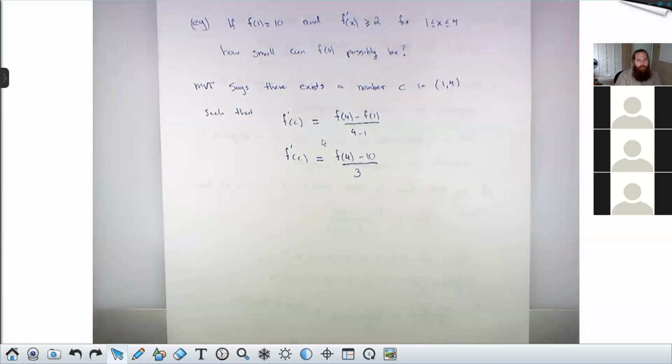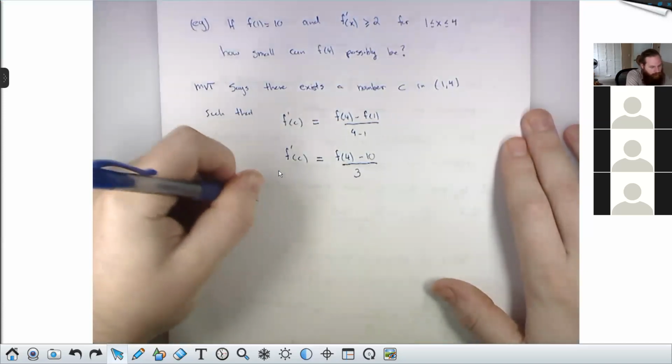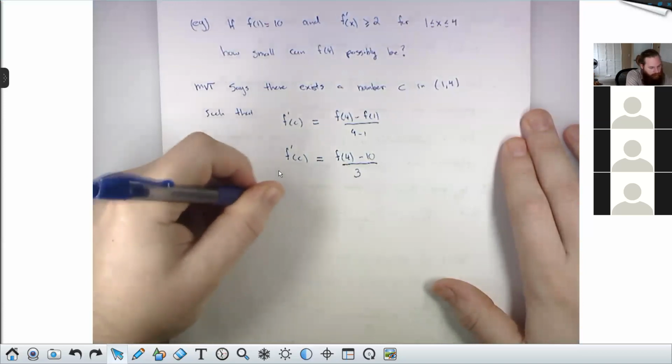They asked me, how small could f of 4 be? What's the smallest possible value for f of 4? So somewhere I'm going to need an inequality. And they've told me here that f prime is always bigger than or equal to 2. So this thing is guaranteed bigger than or equal to 2, right? So I know that f prime of x is always bigger than or equal to 2.